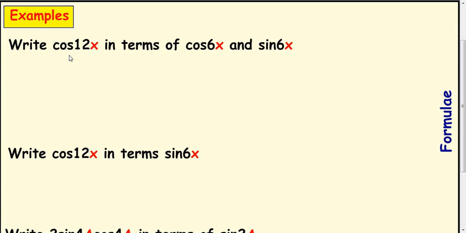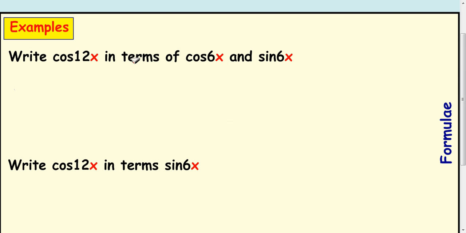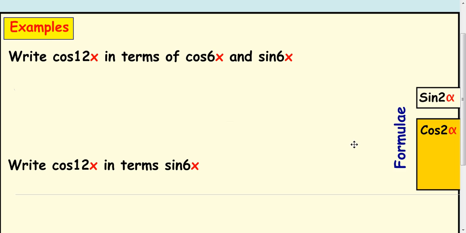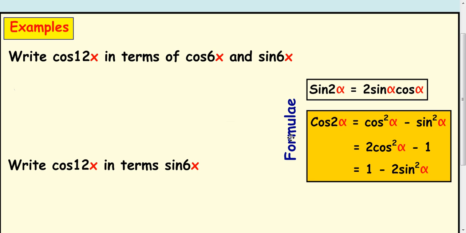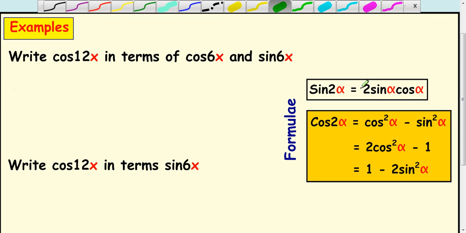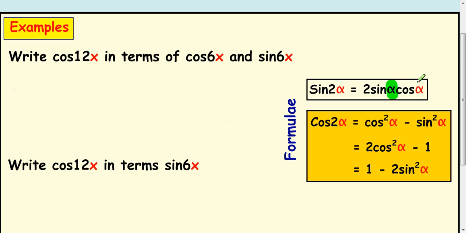Right, let's look at this here. Some easy examples to start us off. So it says write cos 12x in terms of cos 6x and sin 6x. Now if we look at the formulas again, the reason it's called the double angle formula is because if we have a single angle here, then over here we have 2 of them. So we double up on the angle.